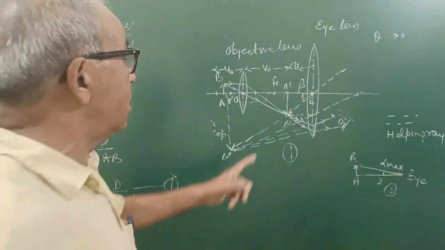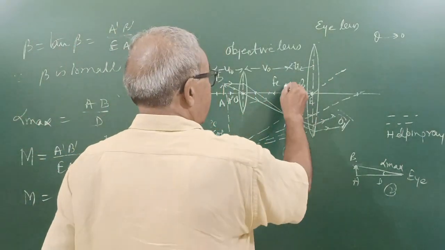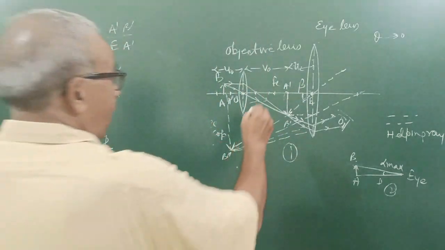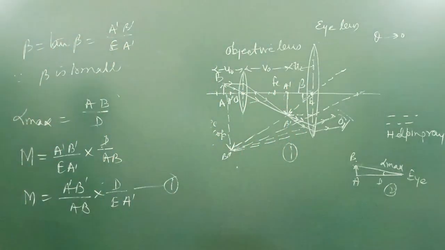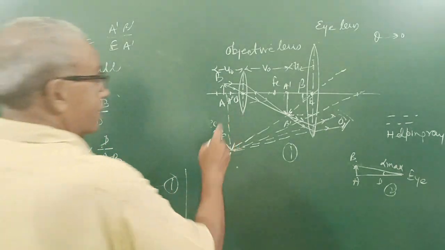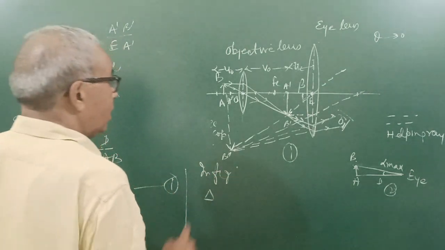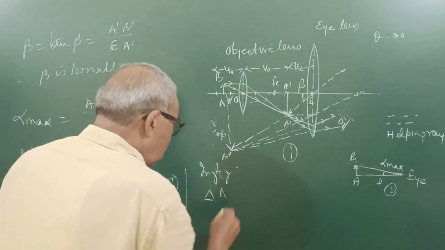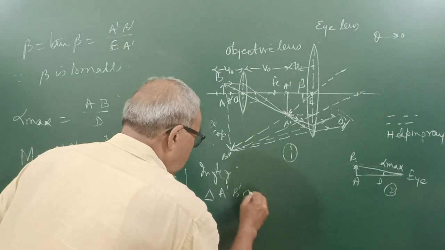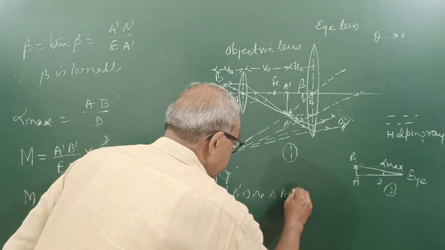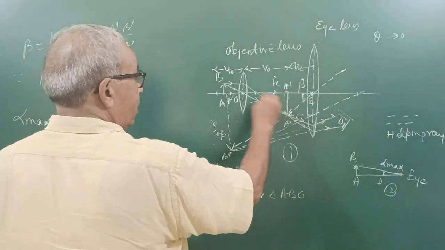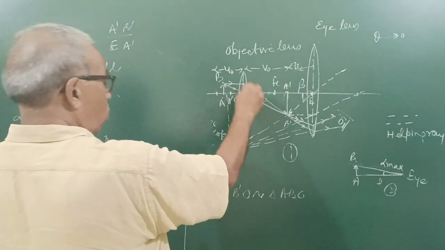Actually, for eye lens, image A dash B dash acts as object, within the focus of the eye lens. Now in figure 1, triangle ABO and A dash B dash O are similar.